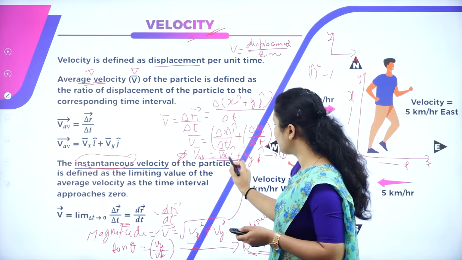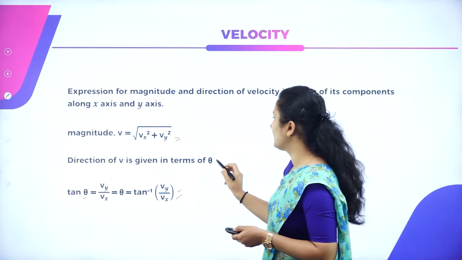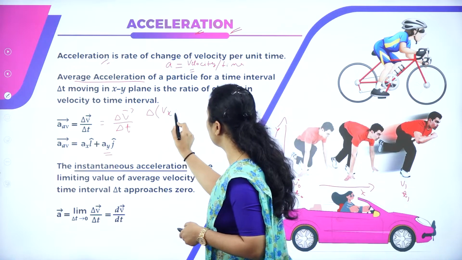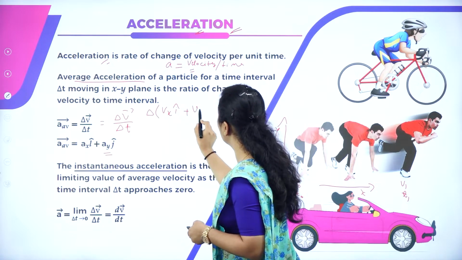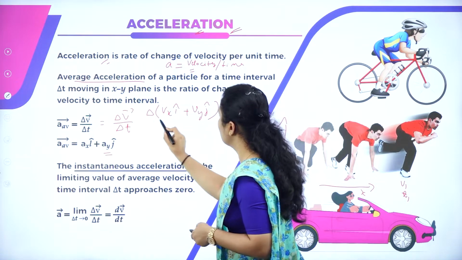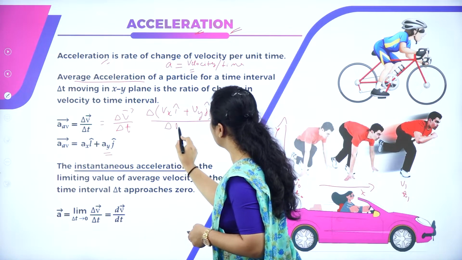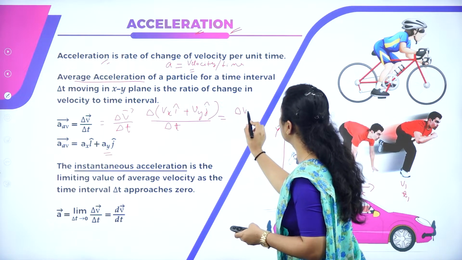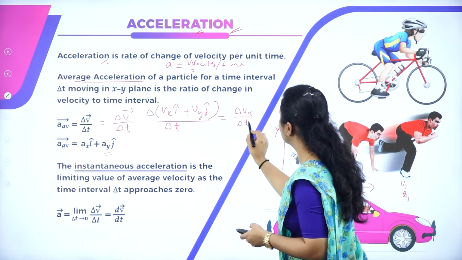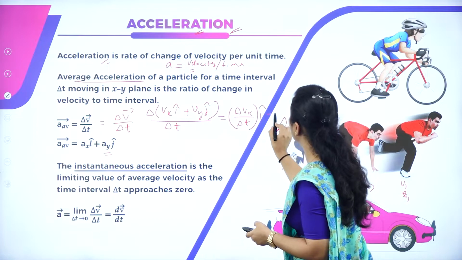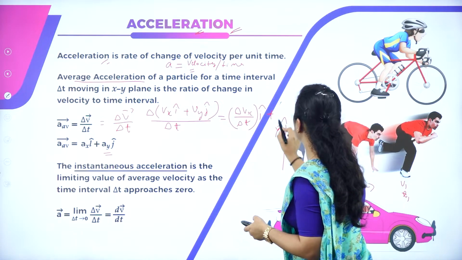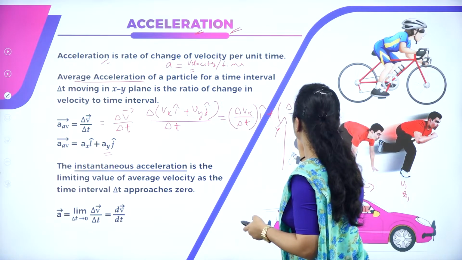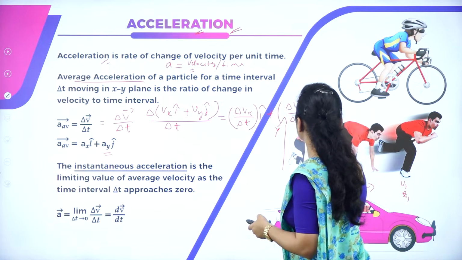V is Vx i cap plus Vy j cap. So it will be delta of Vx i cap plus Vy j cap, divided by delta t. So split the terms into individual ones. You'll get delta Vx by delta t i cap plus delta Vy divided by delta t j cap.